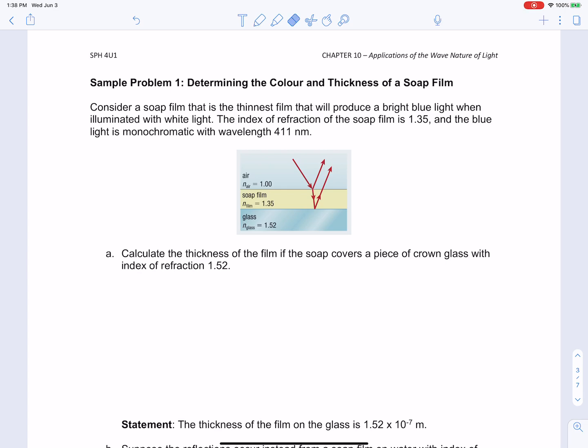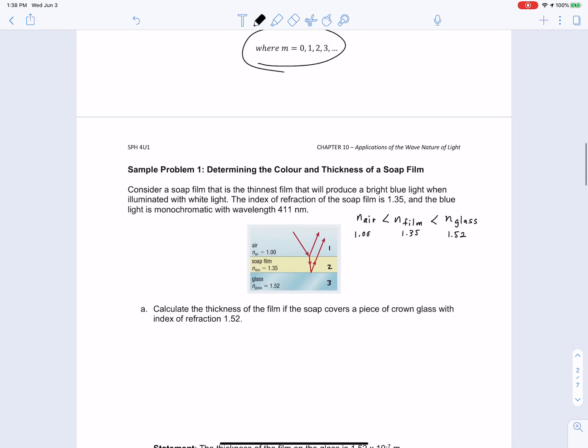First of all, we have n air. The index of refraction for air is 1, which is less than the index of refraction for the film, which is 1.35, which is less than the index of refraction for glass, the third medium. This is 1, 2, and 3, which is 1.52. When this happens, we can look back at our equations.